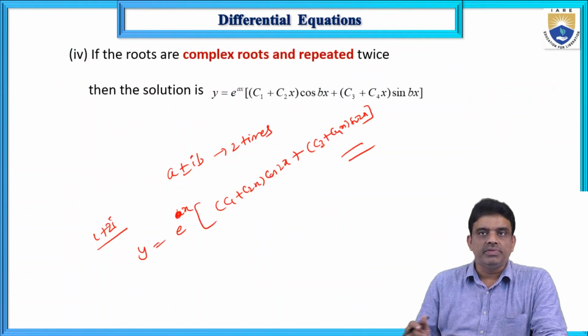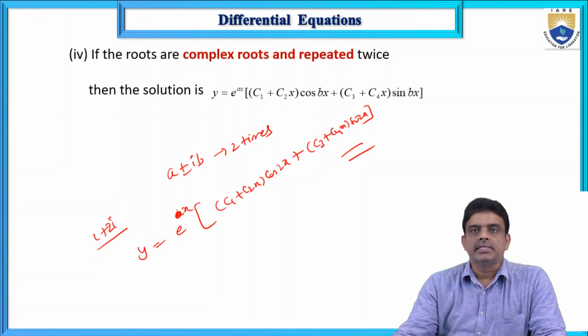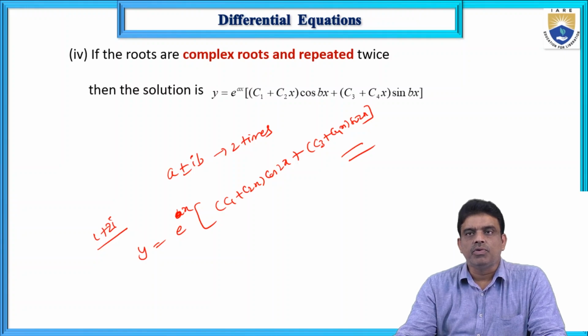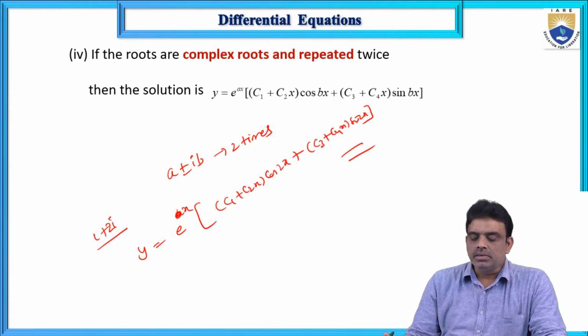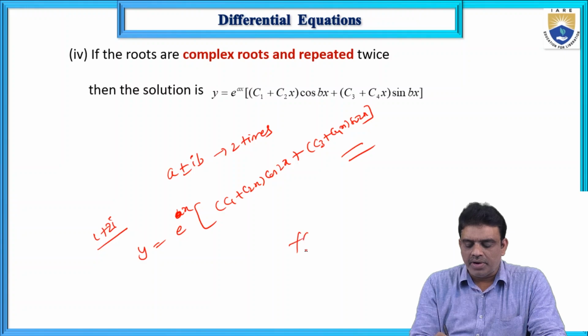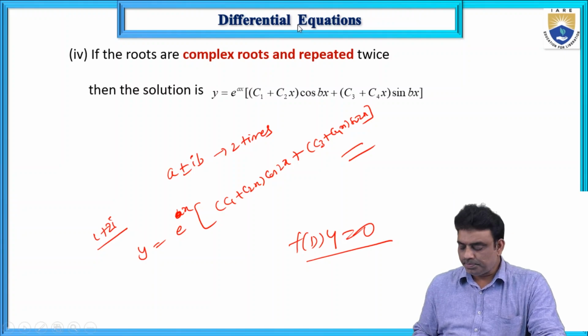And the last one: if the roots are complex and repeated, we write the solution e^(ax)[(c1 + c2 x) cos bx + (c3 + c4 x) sin bx]. So this is the solution of the equation f of D of y = 0, where the coefficients are constant coefficients.